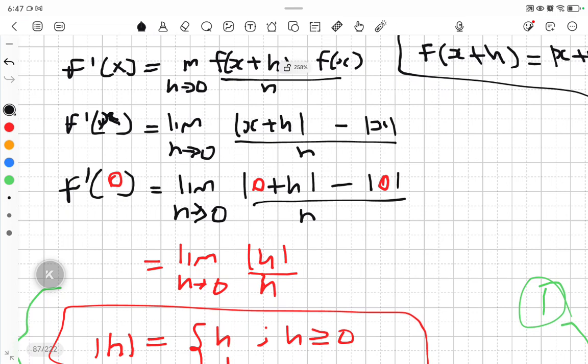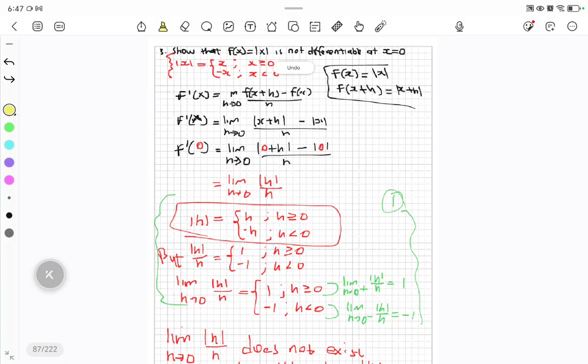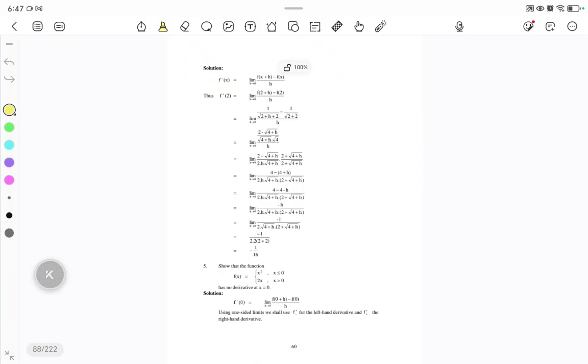I'll highlight these methods. When they say we must find f prime of 2, you start by plugging 0, then you plug this after.